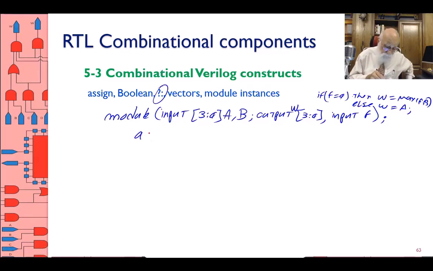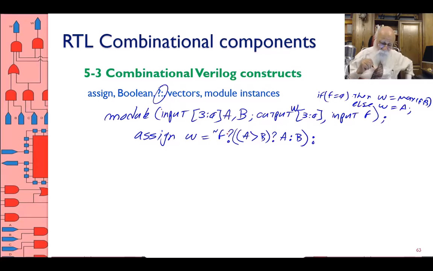I say assign my 4-bit output is, if F is 0, then if A is greater than B, then A, otherwise B, and then you put an otherwise for this first question mark, which means if F is 1, A goes on the output.